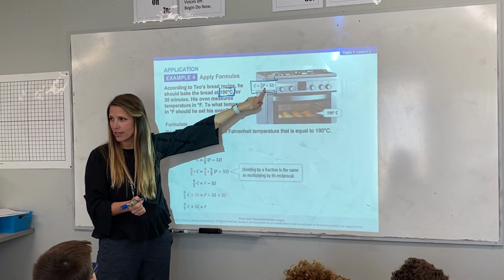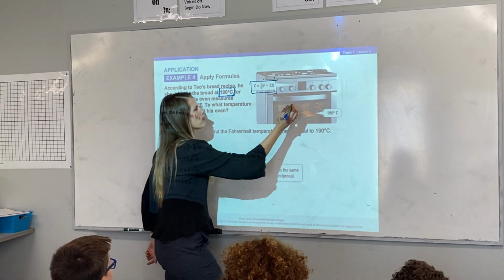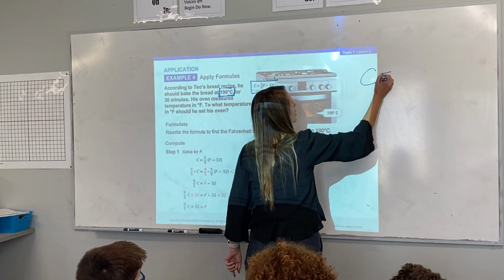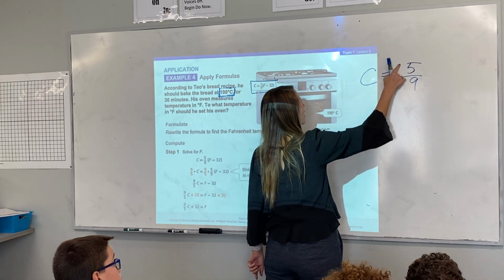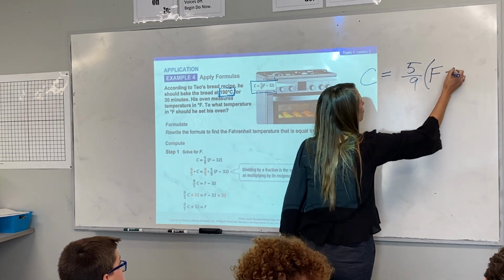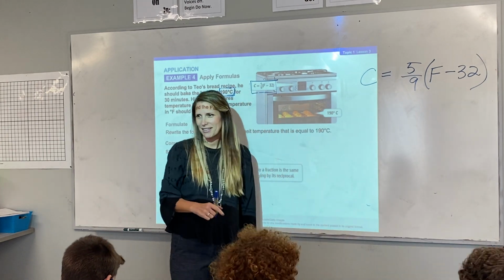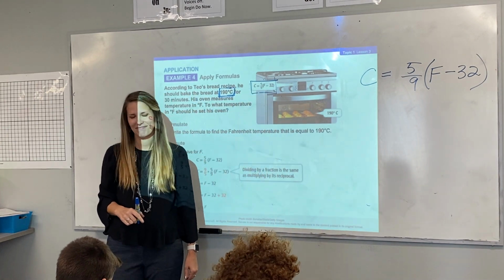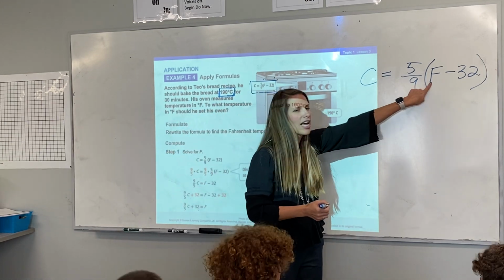Can we rewrite it? We sure can. So let's rewrite it over here. We've got C equals 5 over 9, and I'm leaving a space there because I'm going to need that room, times F minus 32. I want to multiply that. I am trying to free the Fahrenheit.